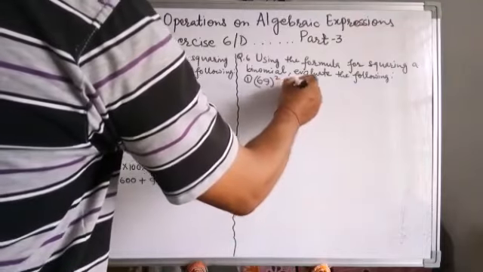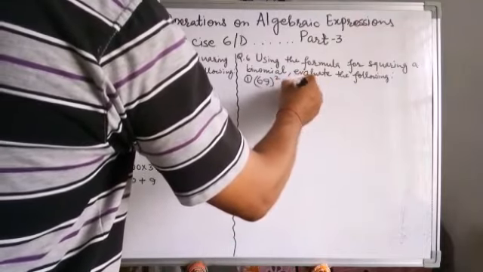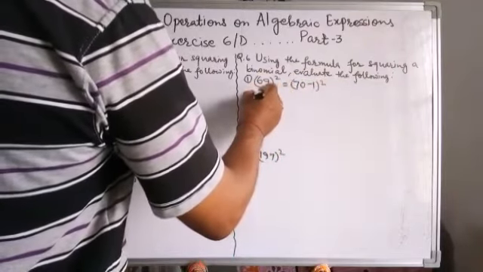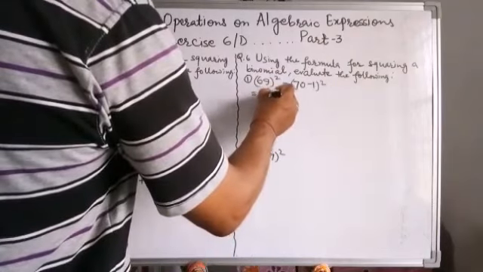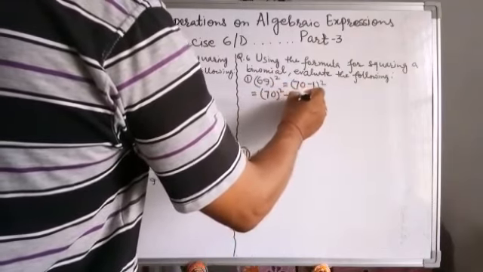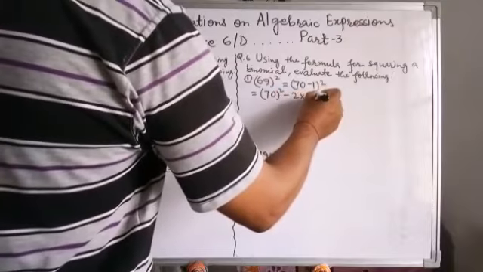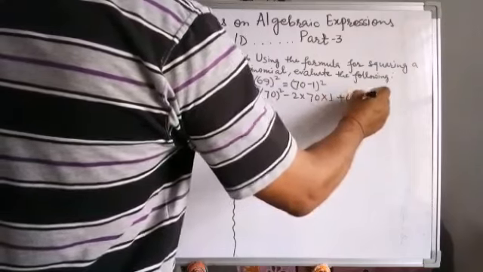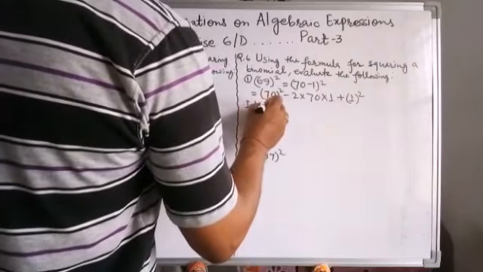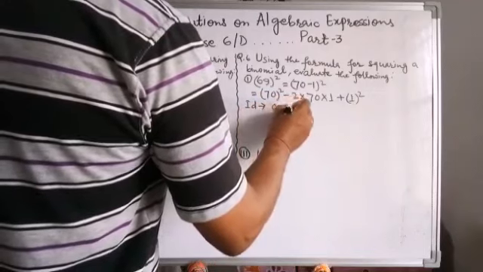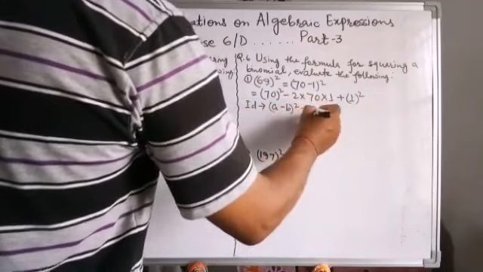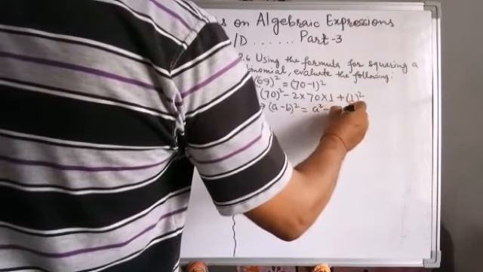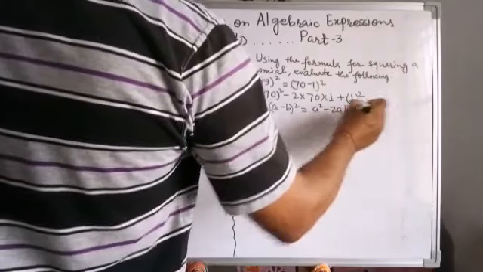Next, 69 square can be written as 70 minus 1, so its value now becomes square of 70 minus 2 into 70 into 1 plus 1 square. The identity being used here is (a minus b) whole square equal to a square minus 2ab plus b square.